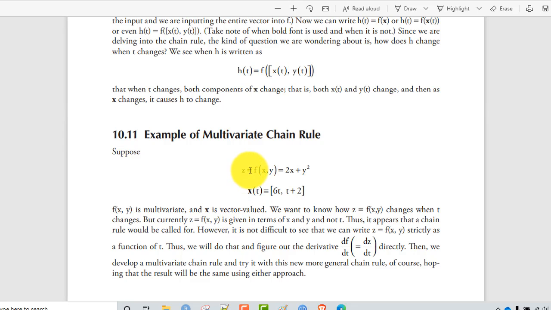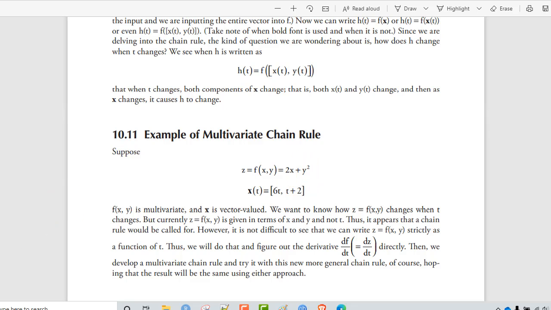So let's say that we have the outer variable is called z here, and it's clearly a function of two variables. So we could say it's a function of a vector. And the way that it depends on these two is it's 2 times the first variable plus the second variable squared.